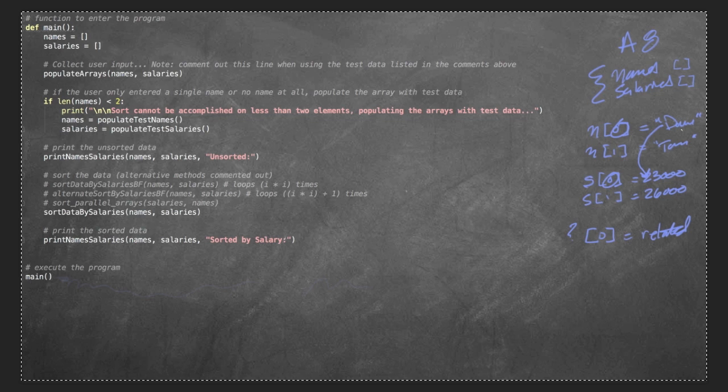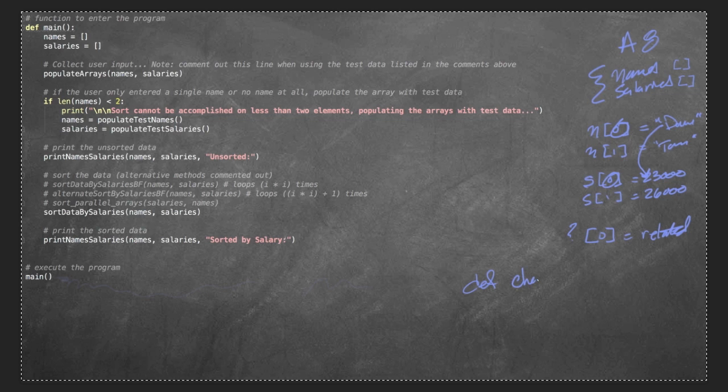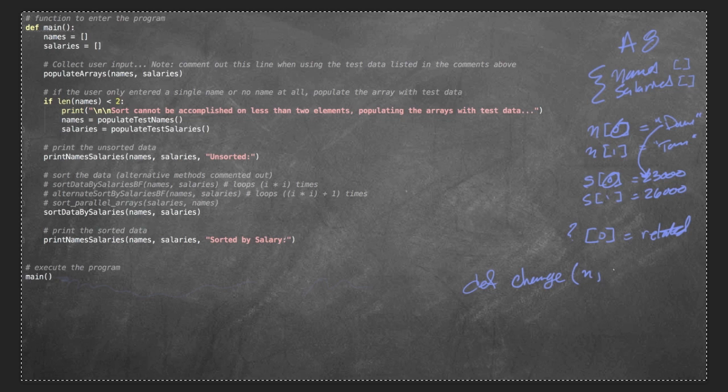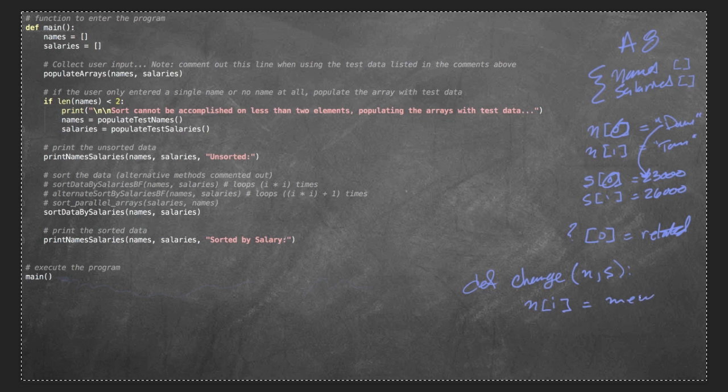That means if I'm going to make a change to Dave, I'm going to write a function, change. If I'm going to make a change to Dave, and I'll just say n for the array that's coming in, I will also have to include the other arrays. And when I make the change, I'm going to say n sub I is going to be equal to, say, the new whatever.